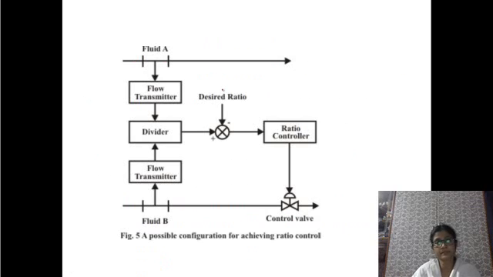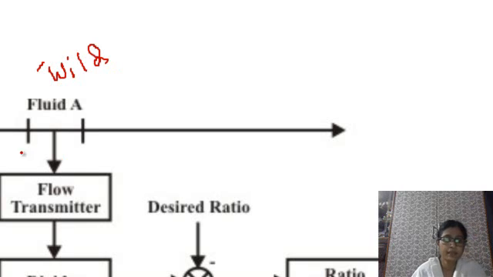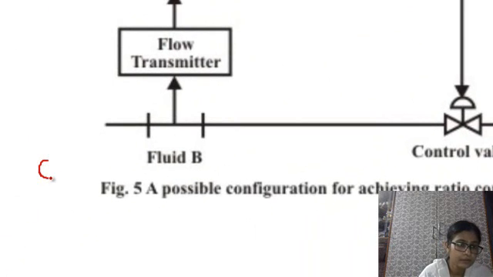Say for this fluid A and fluid B, in order to maintain a fixed ratio, this fluid A is the wild stream, and fluid B is the control stream.